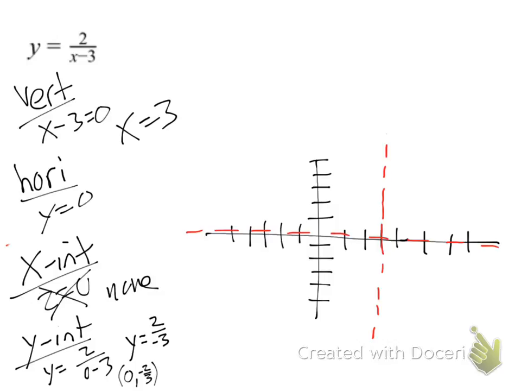And we do have a point, 0, negative 2/3. Somewhere about there, huh? How many t-charts? 2. One over here and one over here.